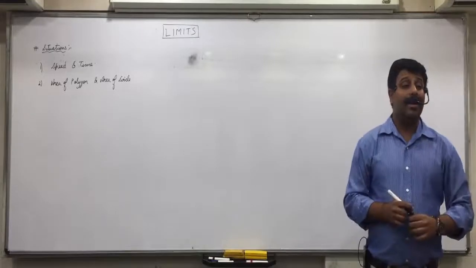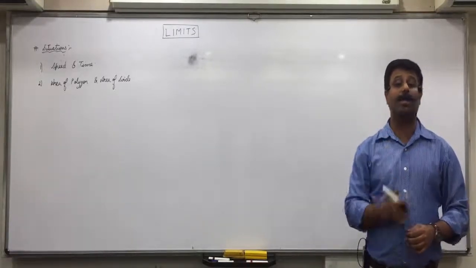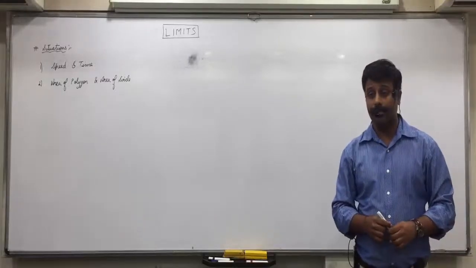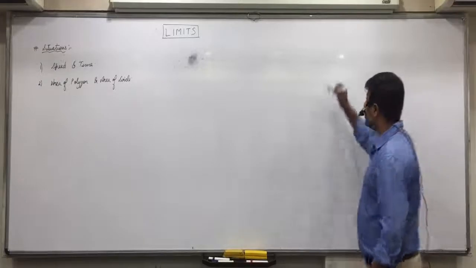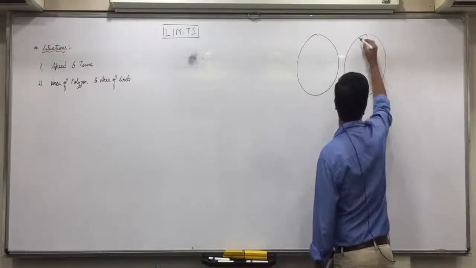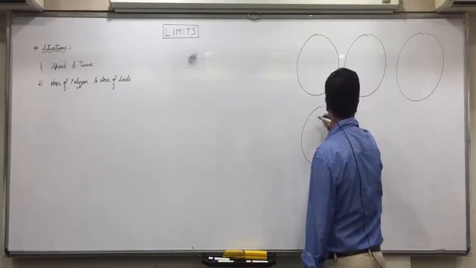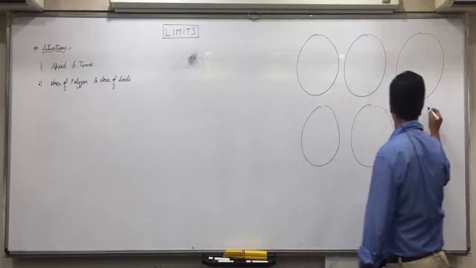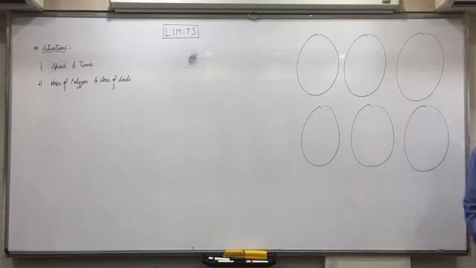But it has taken hundreds of years for mathematicians to derive this formula. And what you get, pi r square, is not the exact area. It is an approximate area only.